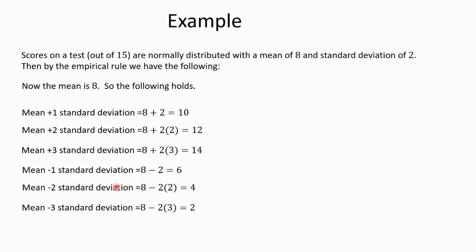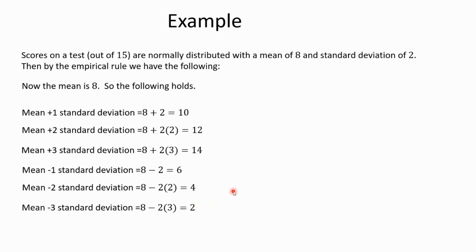So subtracting, we get 8 minus 2, which is 6. 8 minus 2 times 2, right, 2 times the standard deviation, which is 8 minus 4, which is 4. 8 minus 3 times 2, the standard deviation is 2, 3 times it, so we get 8 minus 6, which is 2.